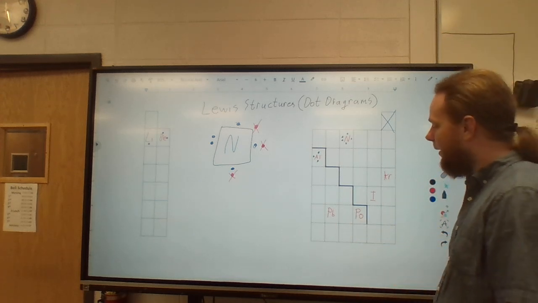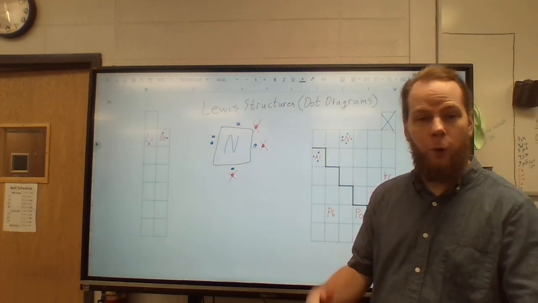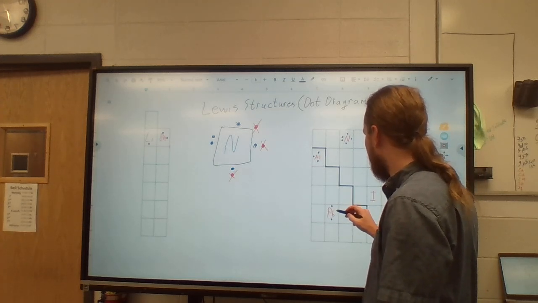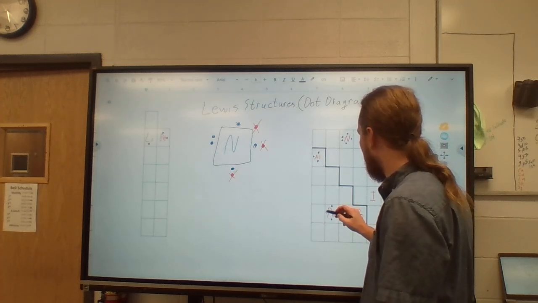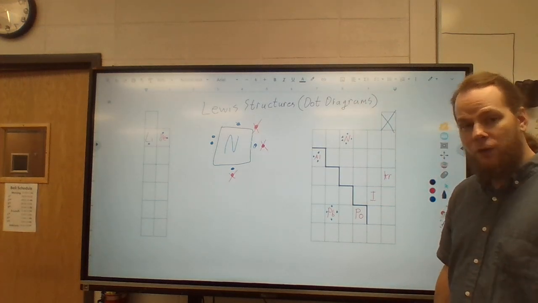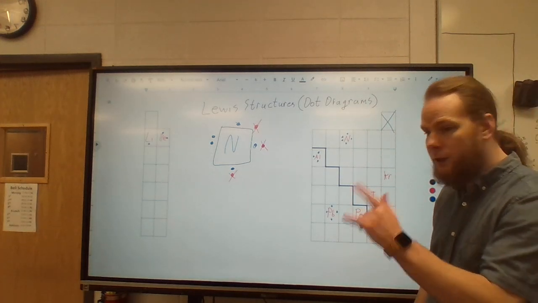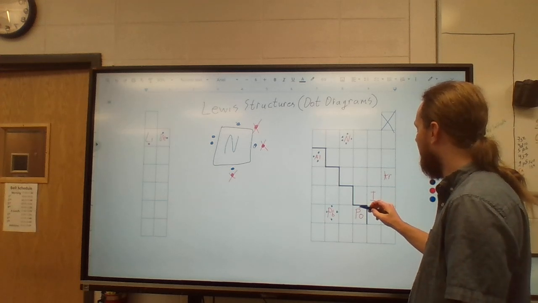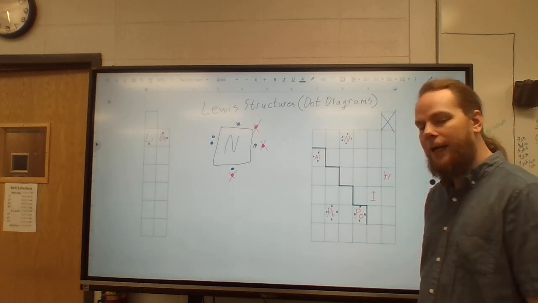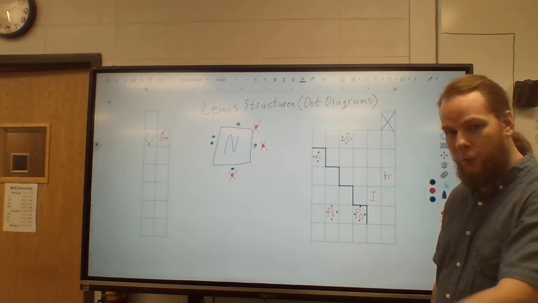Okay, so lead has to have 4 because it's in group 4, so it has to have 1 on each side. So 1 on top, 1 on bottom, 1 on the left, and 1 on the right. Okay, polonium is in group 6, so it's going to have 1 on each side. And then it has to start pairing up, so it's going to have 2 pairs.